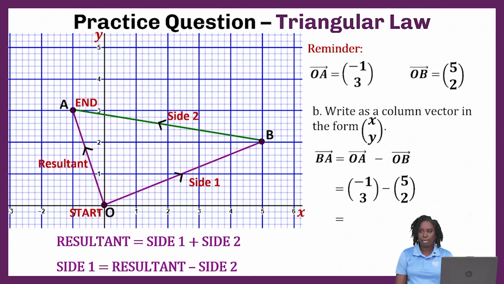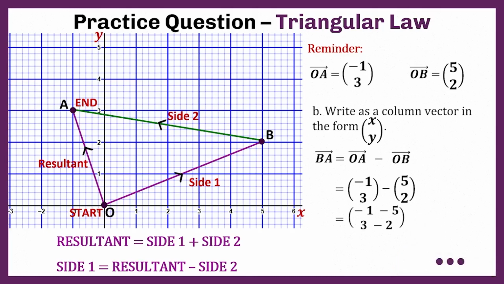So -1 minus 5 and 3 minus 2. -1 minus 5, just a reminder again, signs are the same, so we add and keep the sign, which gives us -6. And 3 minus 2 is 1. So that becomes (-6, 1), and this would be the completion of that question.